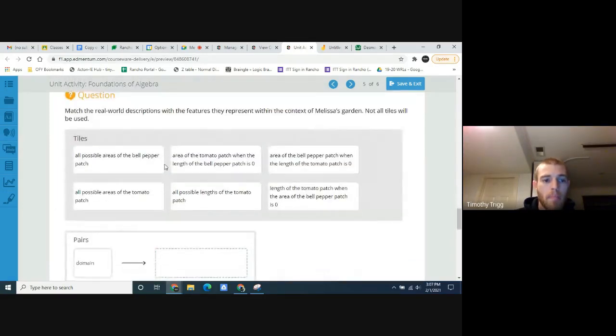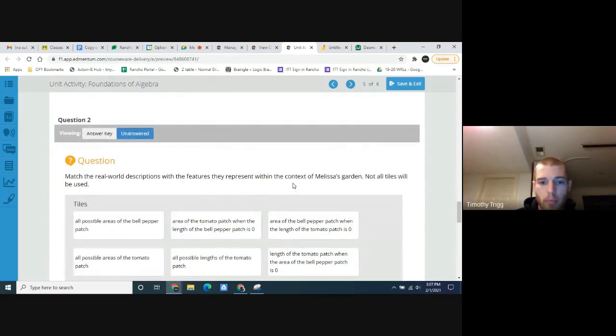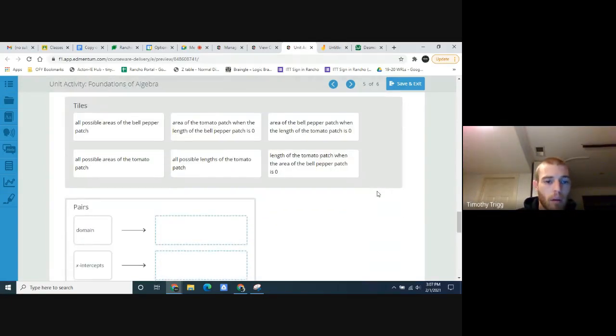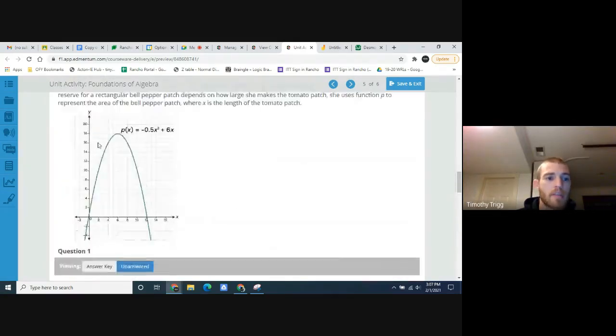Okay. Match the real-world descriptions with the features that they represent within the context of Melissa's garden. Not all tiles will be used. All right, so the domain, we're still talking about this graph here.